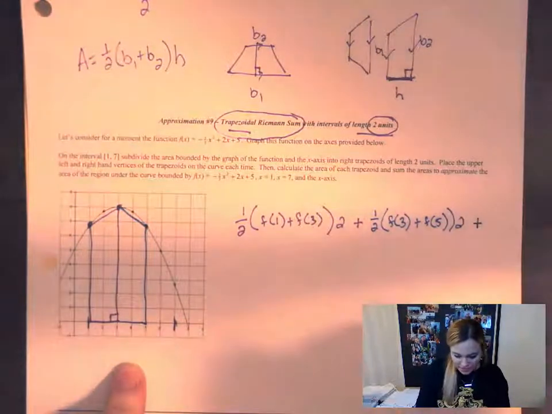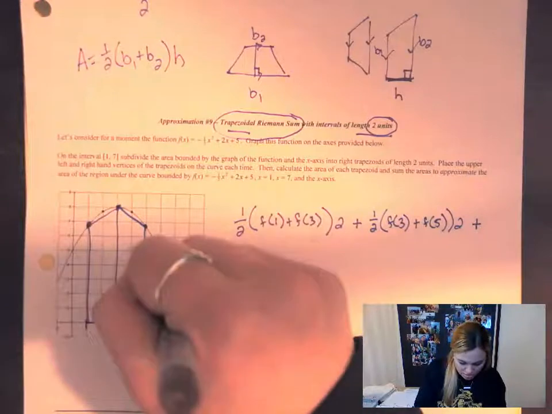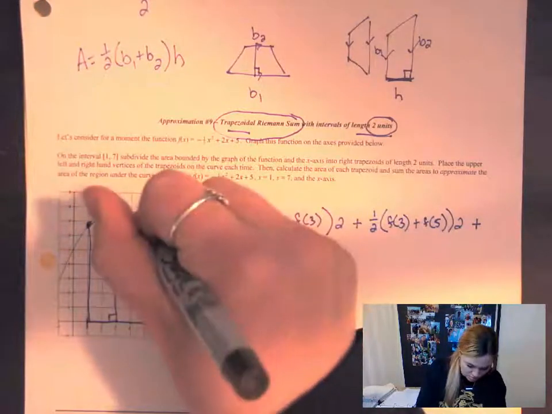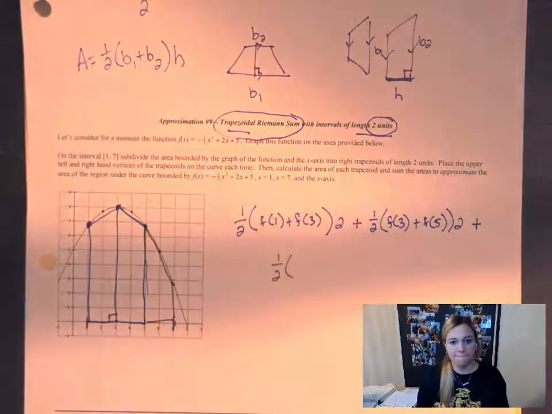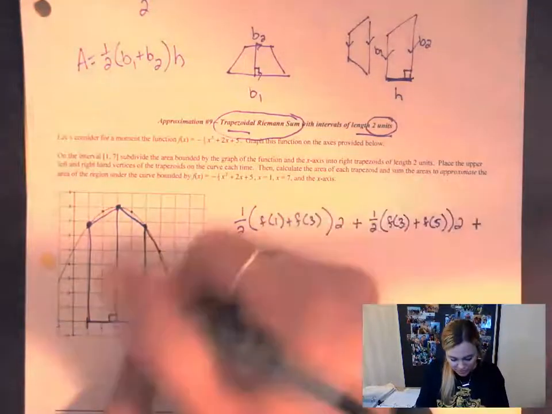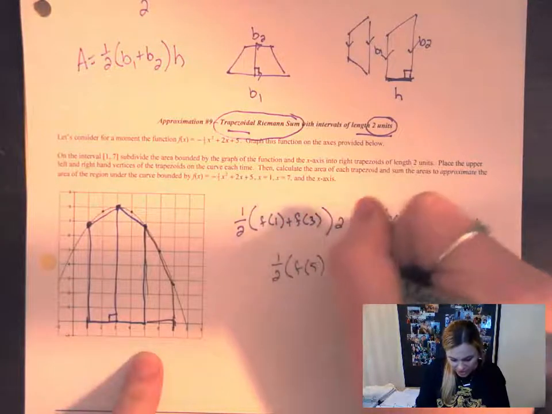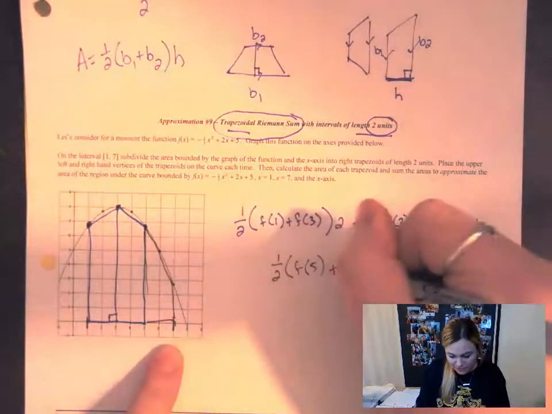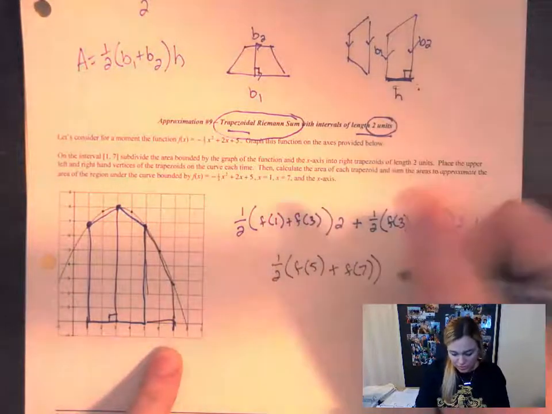The next one would be (1/2). Base 1 would be this one, f of 5. Base 2 would be f of 7. My height is perpendicular to the base, which would be 2.